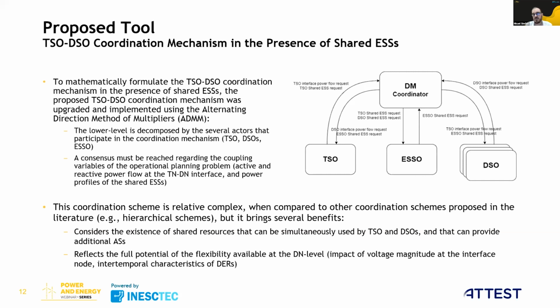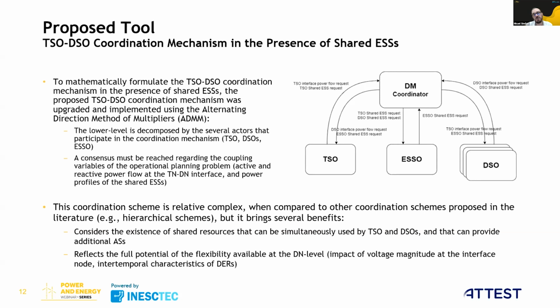This coordination scheme is relatively complex when compared to other coordination schemes proposed in the literature, such as hierarchical schemes, but it has several benefits. First, it considers the existence of shared resources that can be simultaneously used by TSO and DSOs, and that these resources, in this case battery energy storage systems, can provide additional ancillary services, such as frequency reserve.